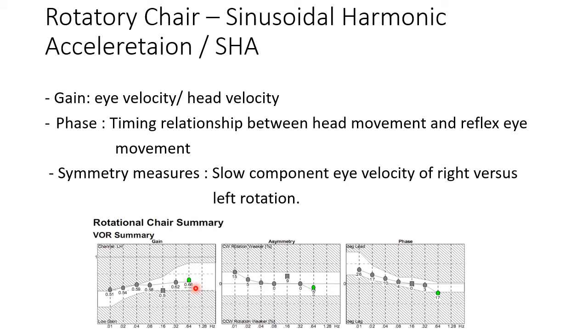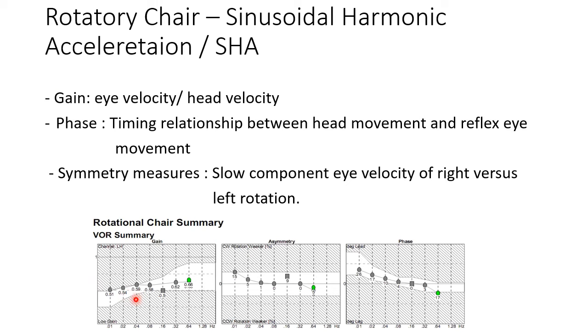At the bottom of this slide is an example of a normal result of SHA rotating chair. The three graphs represent the gain, asymmetry, and the phase. The shaded area in each graph represents the abnormal area or abnormal response.